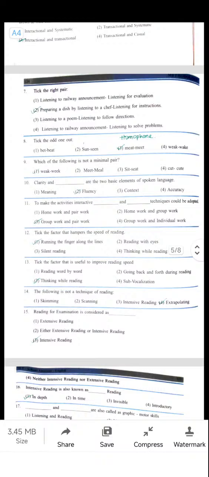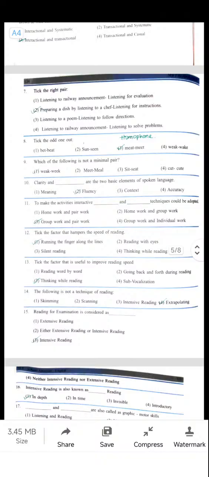And the 11th question: to make the activity interactive, dash and dash techniques could be adopted. Group work and pair work techniques could be adopted. And 12th, tick the factors that hamper the speed of reading.